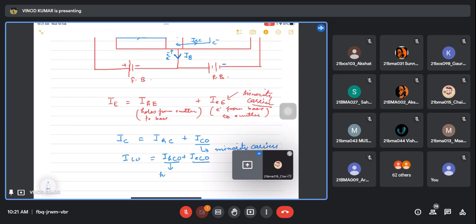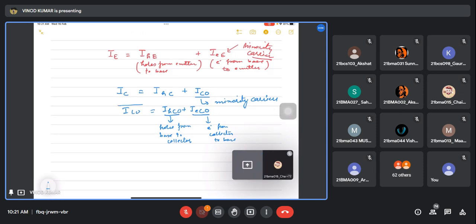This current is holes from base to collector. This is electrons from collector to base.